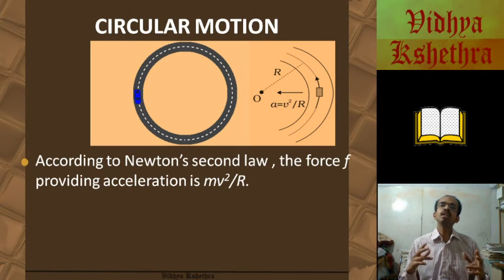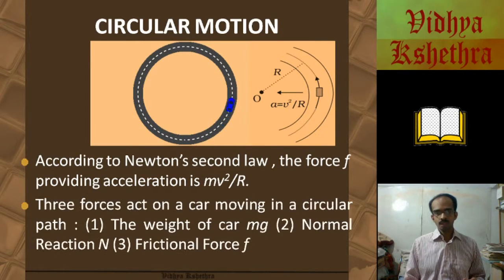Now, according to Newton's second law, the force F providing the acceleration is mv square by r, as the centripetal force is given by mv square by r. Now, there are three forces acting on a car moving in a circular path.